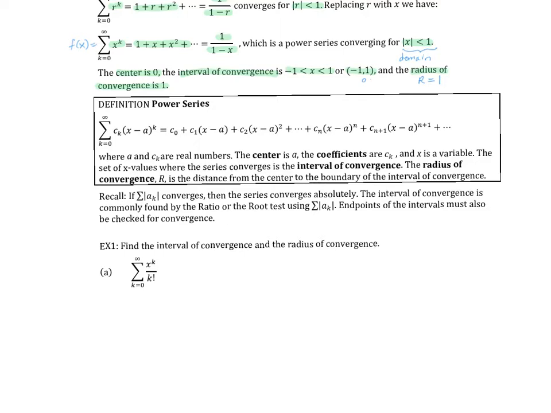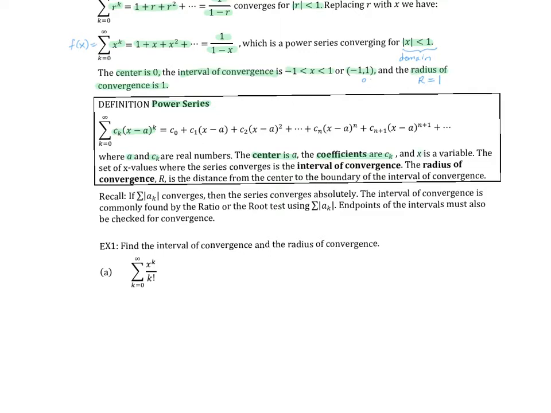Looking at the more general power series, again, this is what we discussed in our previous section, where the center is any a value. It doesn't have to be 0. We have that a and our c sub k's. They're just real numbers. Center is a. Coefficients are c sub k. So we're just reviewing our power series from the previous section and then adding in this new vocabulary on interval of convergence and radius of convergence.